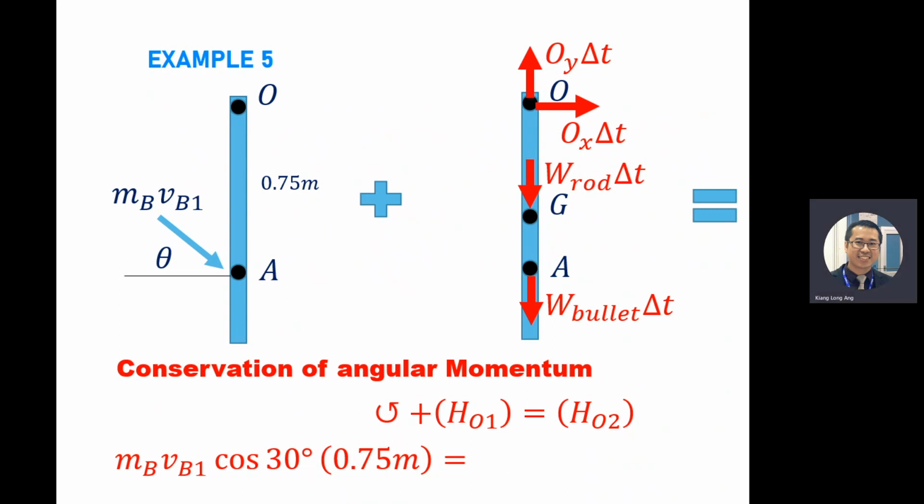We are more interested in the moment that generates an anticlockwise direction. So here we use the cos: mv cos magnitude multiplied by 0.7 from O, so this one will rotate this way. The one that goes down doesn't matter. It will just pull along this axis, so it doesn't give you any moment. If you pull parallel, you do not go anywhere.